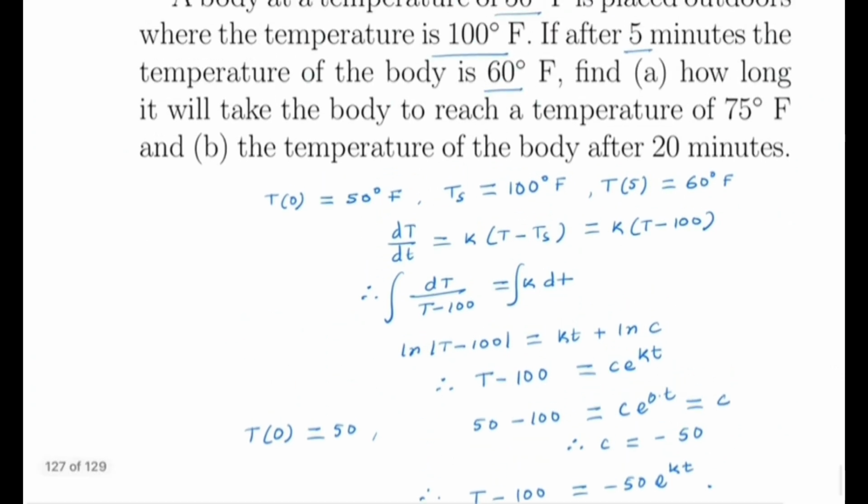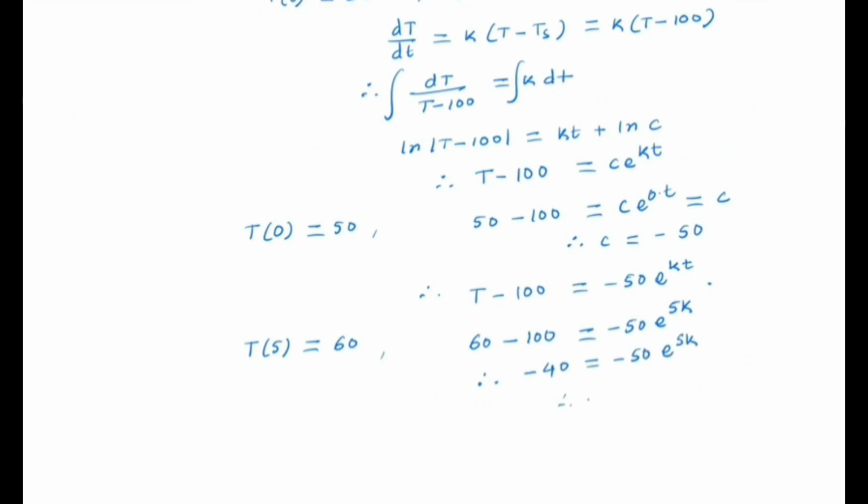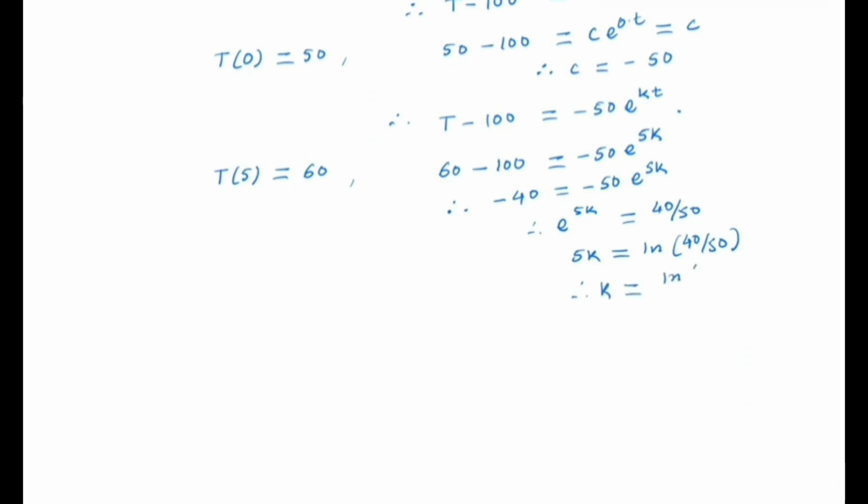So another condition is given that after 5 minutes temperature is 60 degree. So that means T of 5 is 60. So if we put 60 here, so we have 60 minus 100 is minus 50 times e power 5k. So that means minus 40 is minus 50 e power 5k. So we get e power 5k is nothing but 40 by 50. So 5k is ln of 40 by 50 and k is ln of 40 by 50 divided by 5.